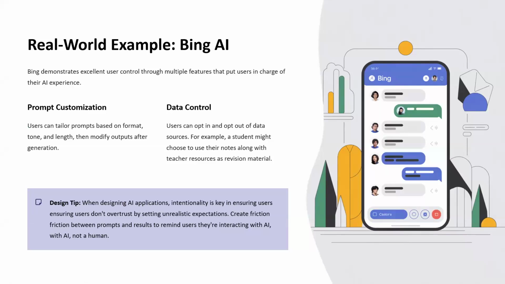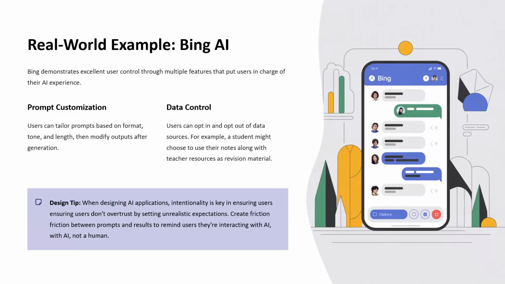For example, a student might choose to use their notes along with teacher resources as revision material. This narrows it down for our use case and educational purposes. If we want to focus on what the teacher has been teaching or the textbook the teacher used, we can specify, okay, summarize this textbook for me and help me understand, or produce flashcards from this textbook.